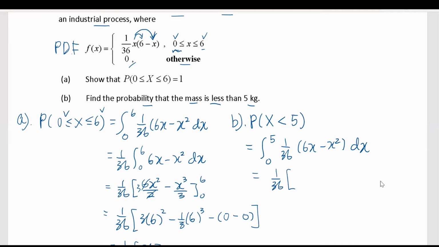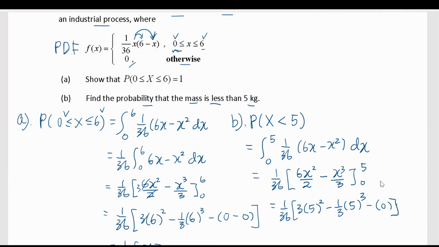Okay, so we integrate and then we sub in the limits. So let's use the calculator and find out the value.